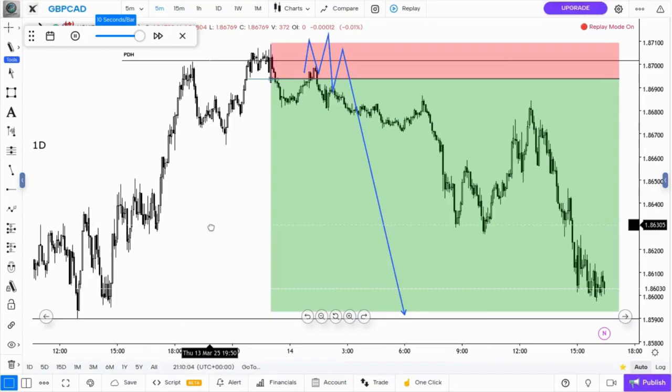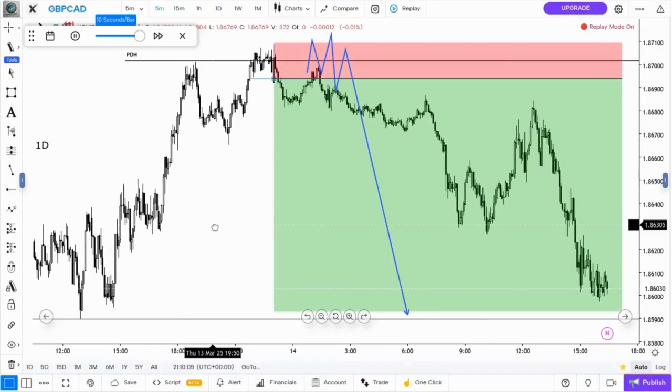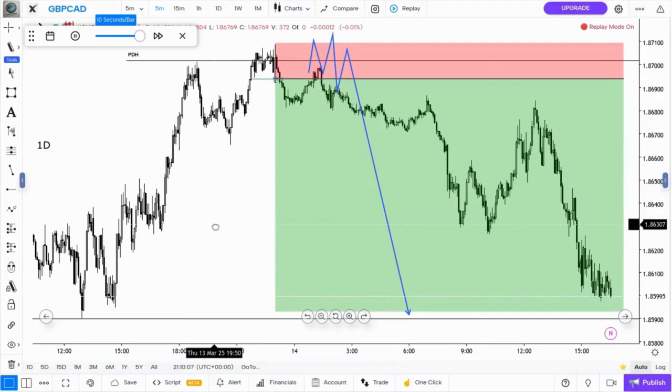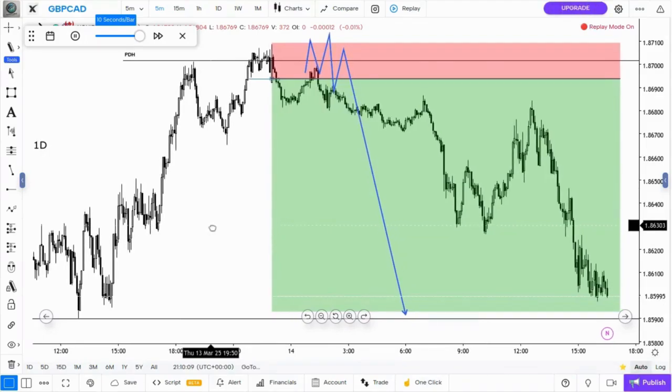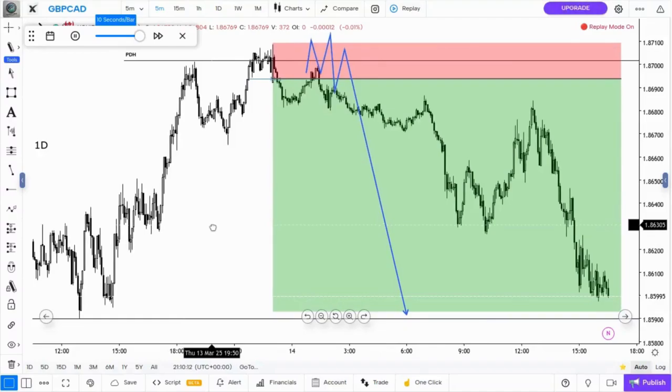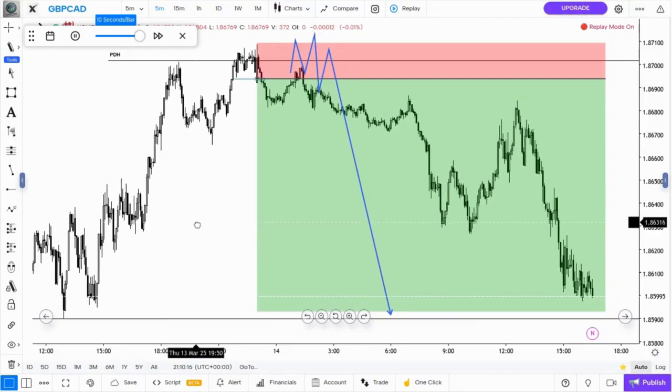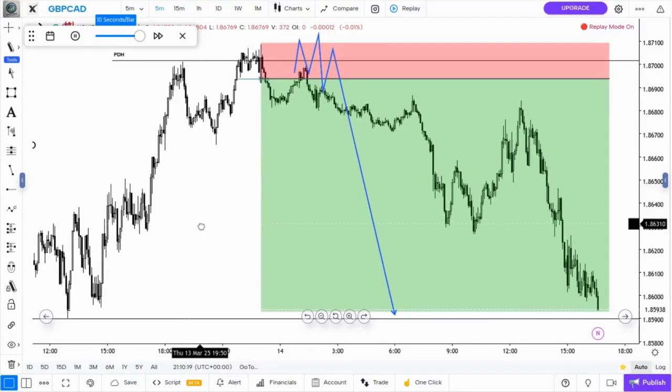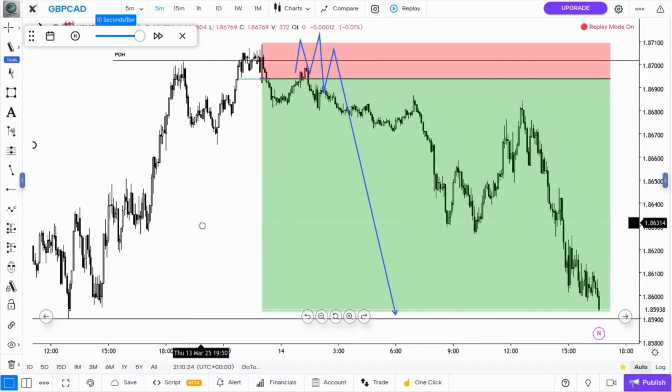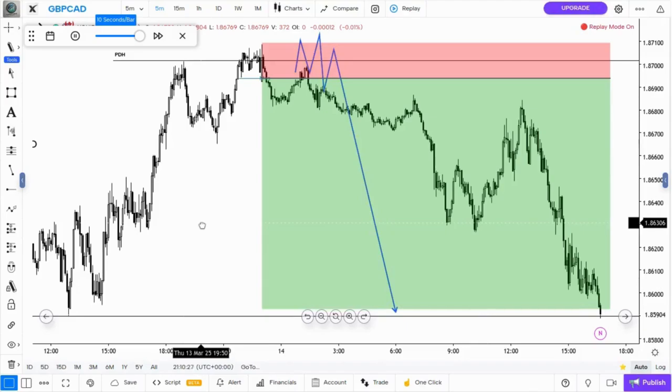Now the price is going to sweep the previous daily low, like I said at the beginning. Let's watch how. Yes guys, this is the simplest strategy that I trade every day, the easiest strategy that I trade every day.